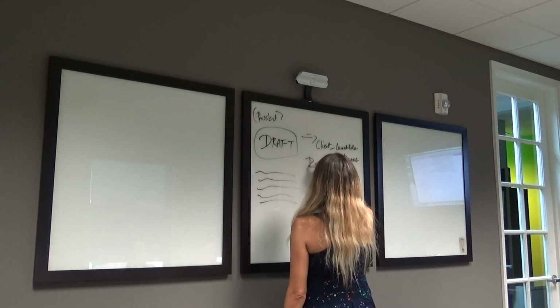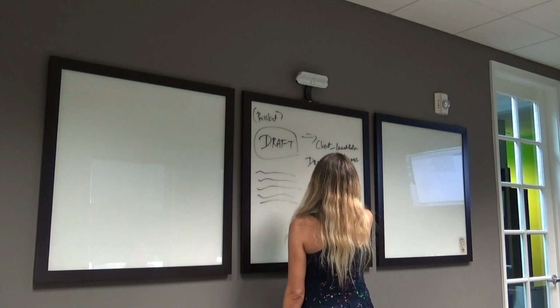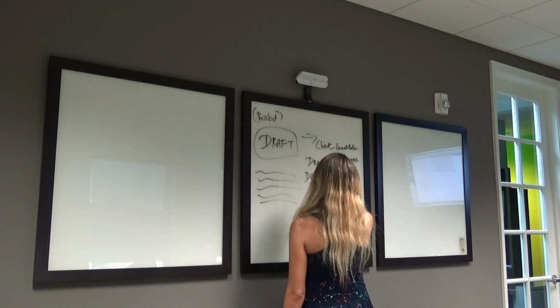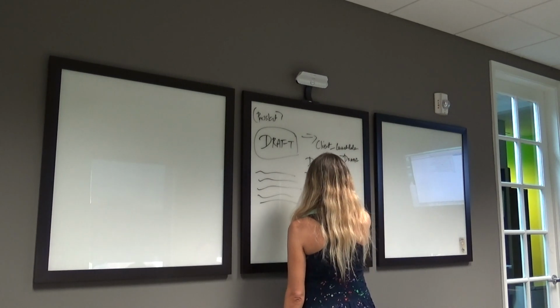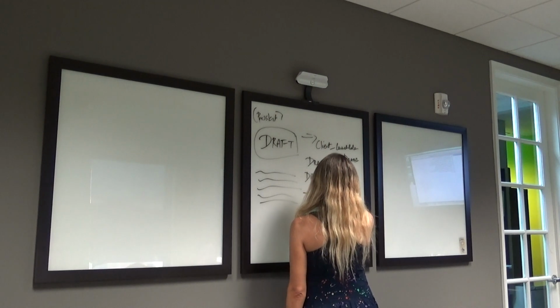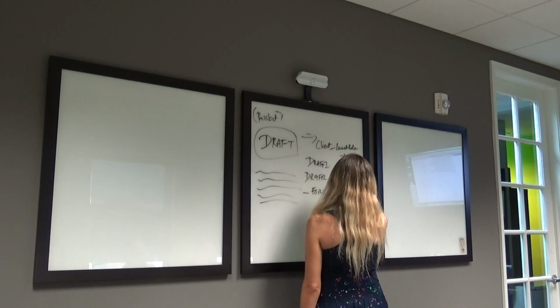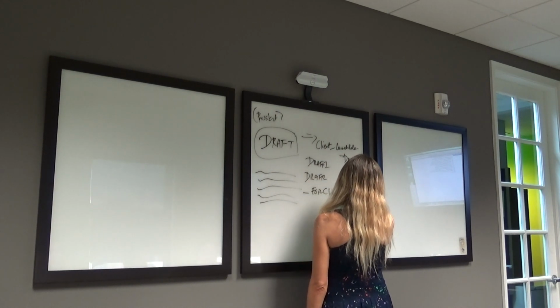It goes draft 1, draft 2, sorry, I'm missing T's, and then it goes for client approval. Why?